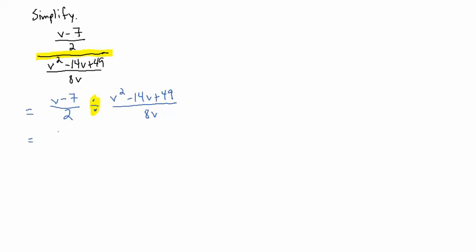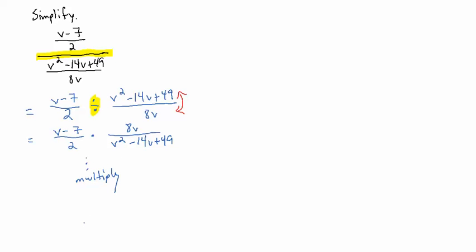Well, the way you do it is you change it to multiplication. So I take my first fraction, multiply it by the reciprocal of my second fraction. So I get 8v on top, and on bottom I have v squared minus 14v plus 49. And now all that requires is multiply. Okay, and I'm assuming you know how to do that. So I won't finish here, but you can see how we took a complex fraction and now it's a multiplication problem that we can do.